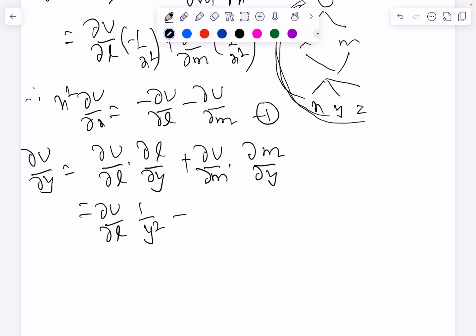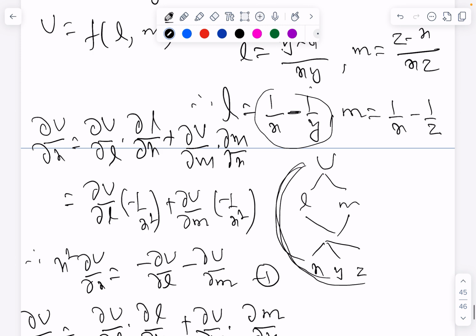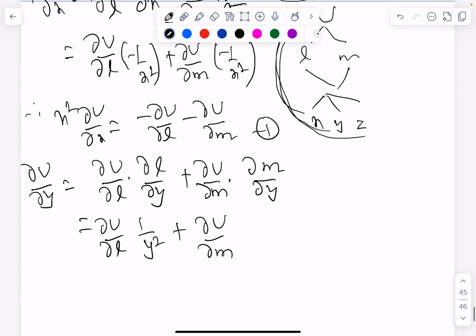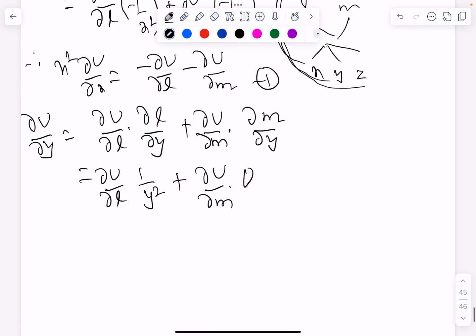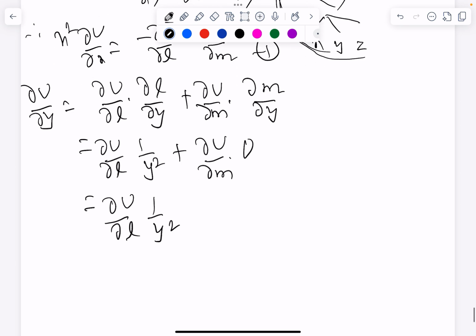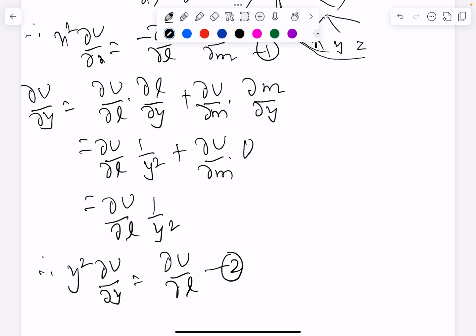Del u by del m: there is no y here, so that is 0. So this is del u by del L into 1 over y square. So we can say that y square into del u by del y equal to del u by del L.